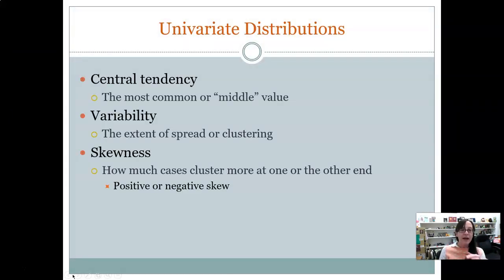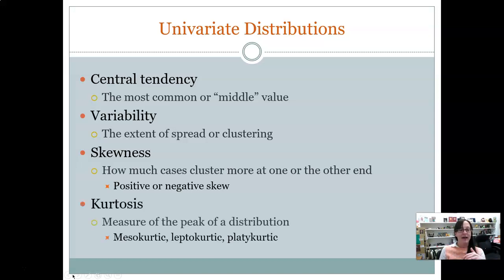Then another measure we want to talk about for each distribution is kurtosis. That's how peaked a distribution is or how flat it is. You can have a mesokurtic distribution, a leptokurtic distribution, or a platykurtic distribution. A mesokurtic distribution is essentially that normal bell curve, with no peakedness or flatness.